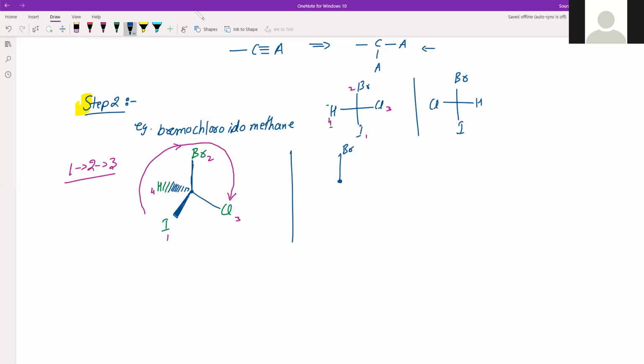Then the hydrogen, which is here, its mirror image will be like this. Br and Cl are in the same plane, so they will not change their plane. So Cl will be here. What is left? Iodine, which will be here, coming out from the plane. This is its mirror image, and we have drawn these.